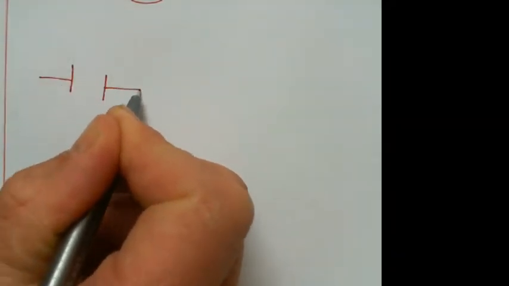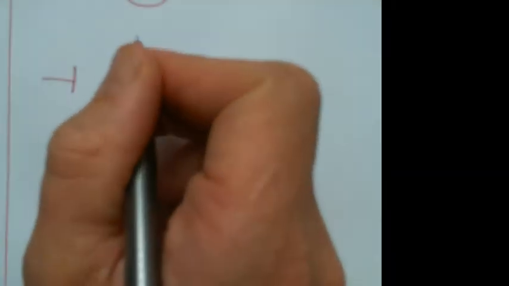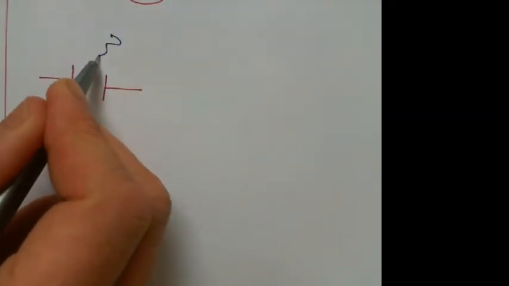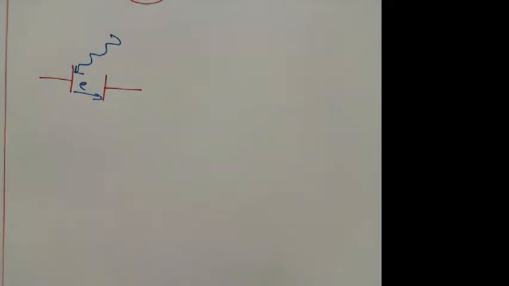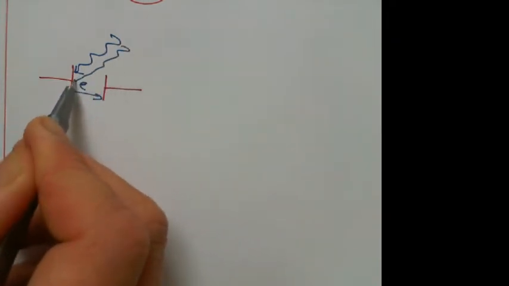Inside a light dependent resistor, you've got a plate that looks like this, and there's a small gap between that plate, and when the light comes in and hits that plate, it causes an electron to be emitted to the other plate, and that decreases the resistance, because the more light you've got coming in, the more electrons you've got going across that gap.